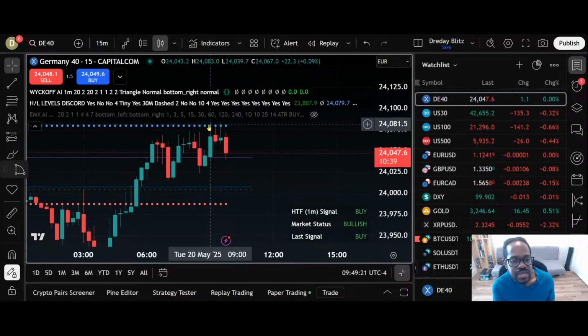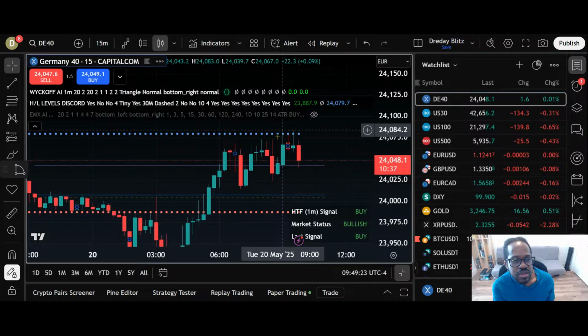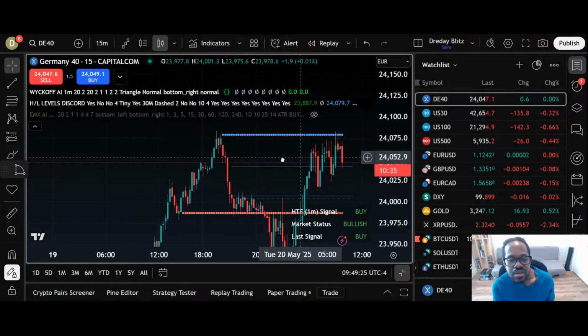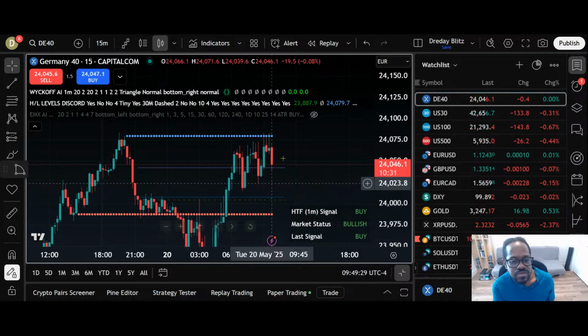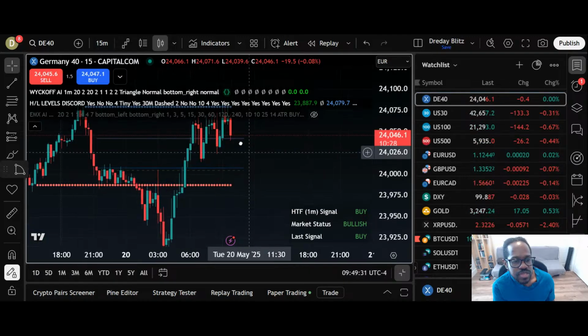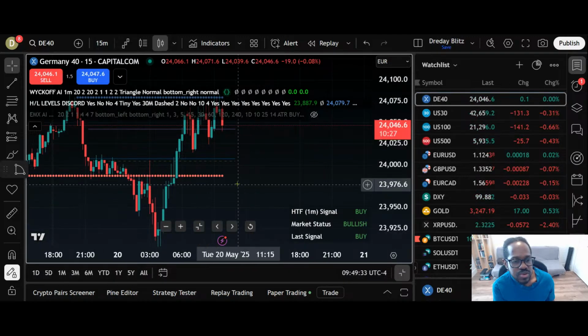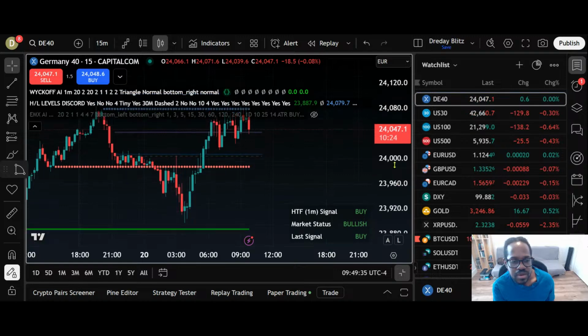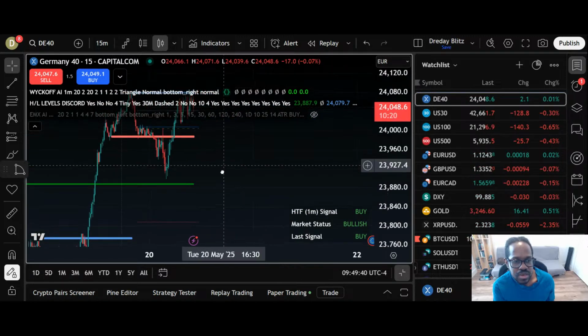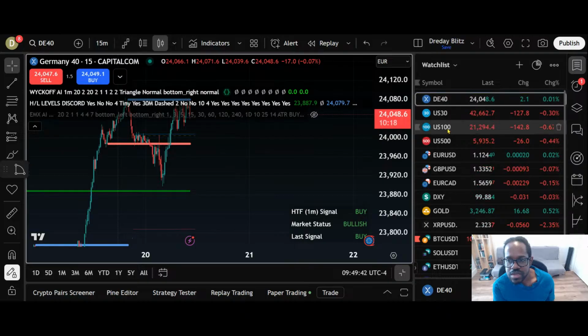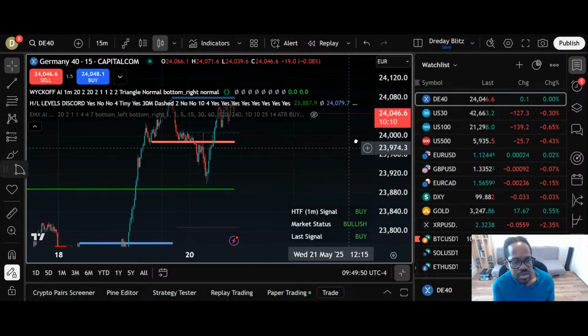It went to that 30-minute level here, so it created a higher low. So expecting to have the price going lower for German, and really most of the indices here. So German 40, Dow Jones, NASDAQ, and S&P 500.